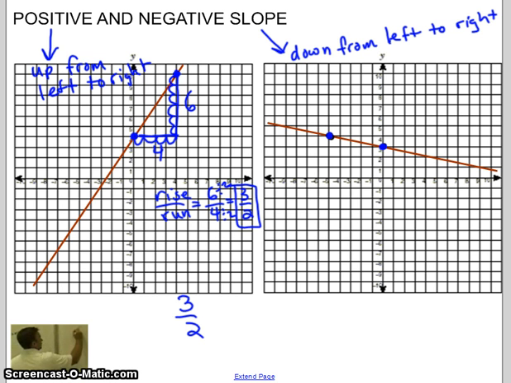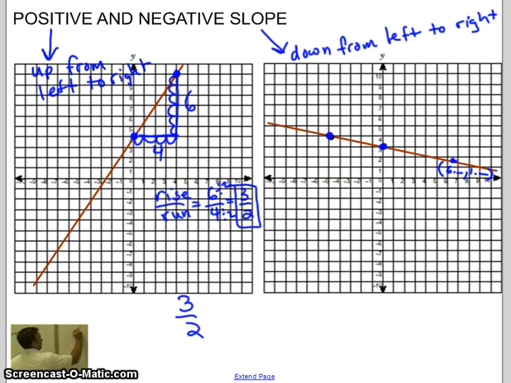Okay, hopefully 2 points that intersect a coordinate exactly, so you're dealing with 2 whole numbers. I wouldn't choose this point over here because I really don't know. I know it's like 6 point something, comma 1 point something, but I'm not technically sure.